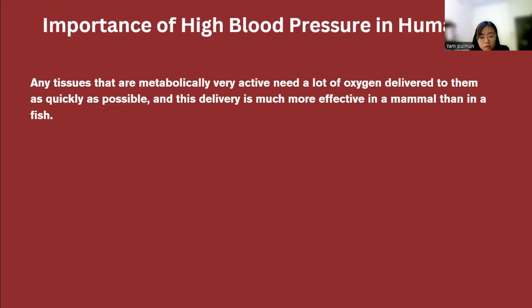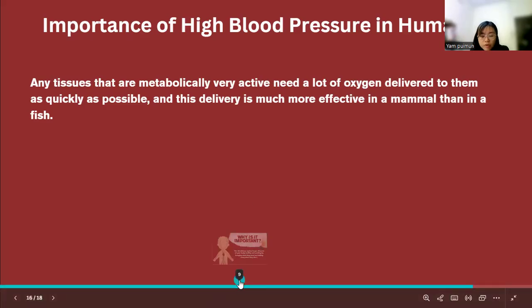pressure. So these tissues need a fast and constant supply of oxygen and nutrients like glucose to release energy by respiration. In mammals, oxygen delivery is faster and more effective because they have double circulation. And the left ventricle pumps blood at a very high pressure to our body.